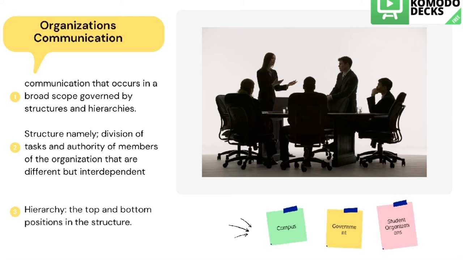Structure means the division of tasks and authority that are different but interdependent. And hierarchy means the top and bottom positions in the structure. So the organization has a person who has higher rights and authority than the other members, for example, the leader of the organization.